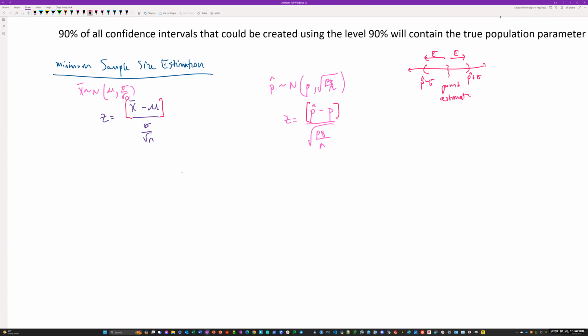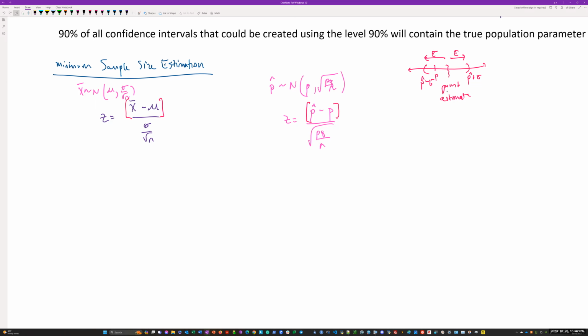Does that make sense? And then we think p is somewhere in here somewhere. So then p hat minus p, if p is in here somewhere, the biggest it could possibly be is E. Is that right? Does that make sense?